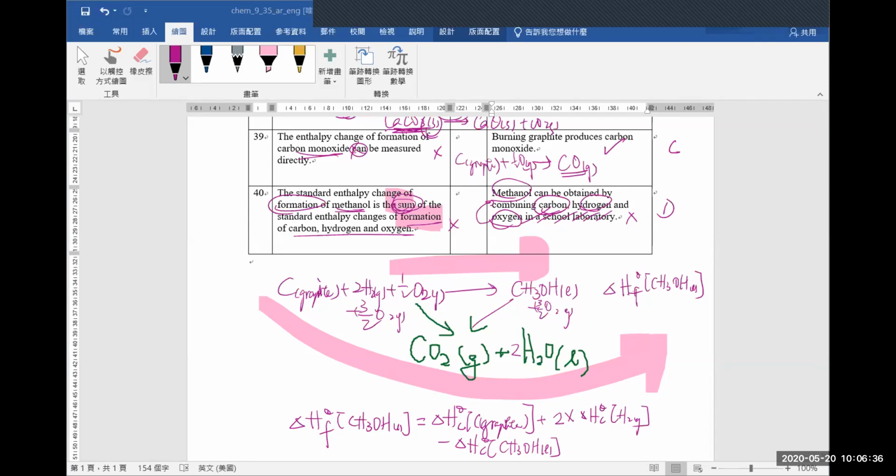Just 4 of you. 5 of you forgot. So as I said before, you should be prepared for the coming final exam. It's full paper 1. You need to know how to draw a correct enthalpy cycle.